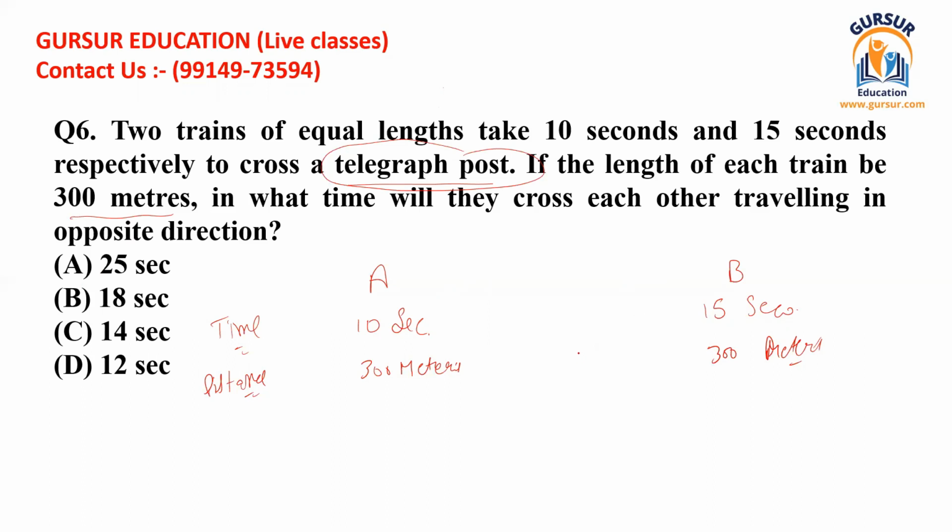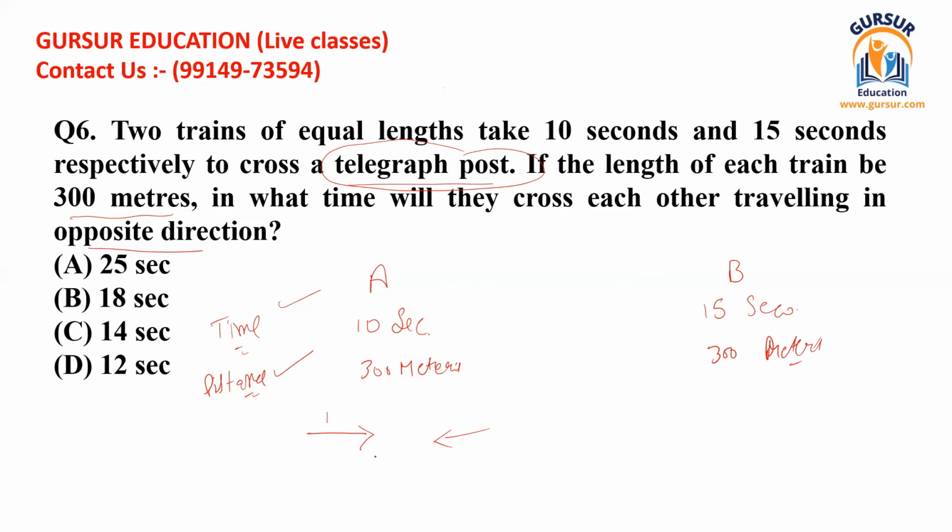So again, this is not going to be difficult for you. Time is given, distance is given. First of all, in case they are moving in opposite directions, like one is going in this direction, the other one is going completely opposite to it.